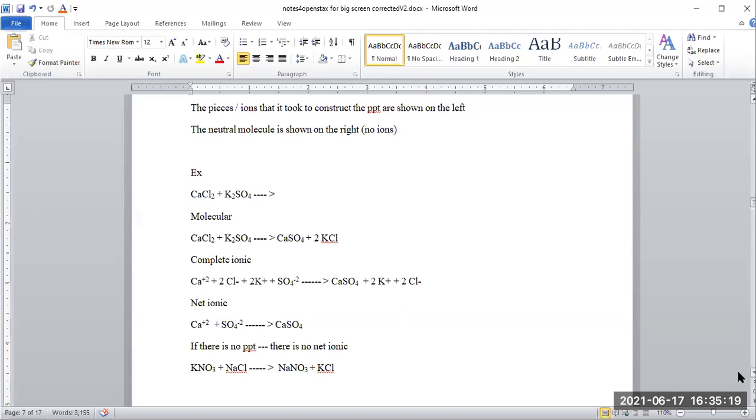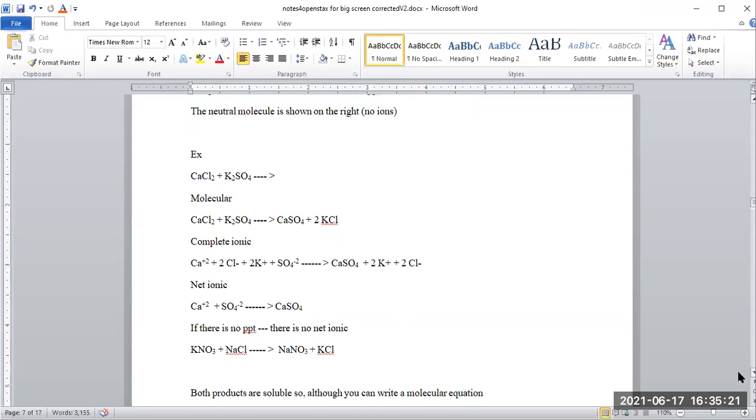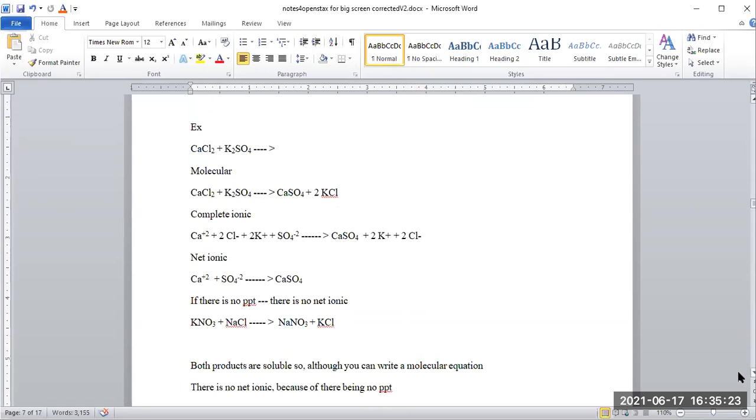So one of the things we mentioned was, okay, sometimes there's no precipitate. So here is an equation that is a molecular equation. I have potassium nitrate and sodium chloride, but everything is aqueous.